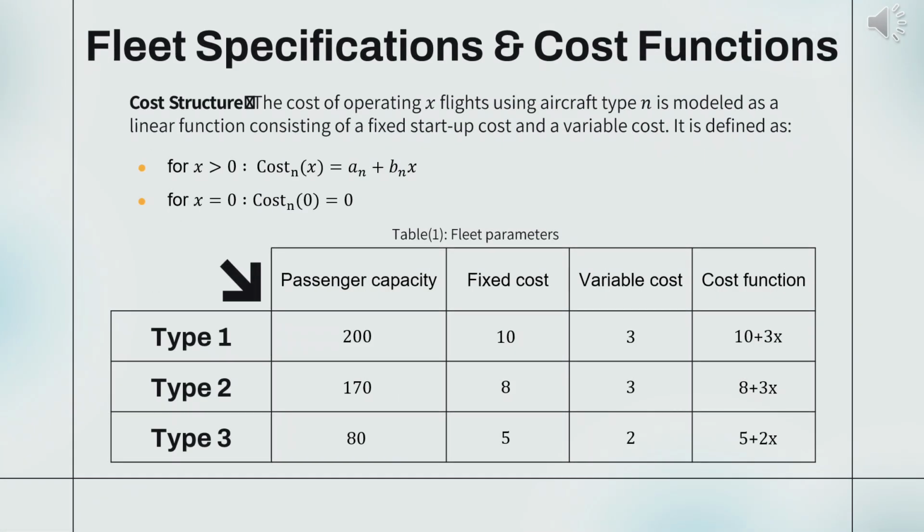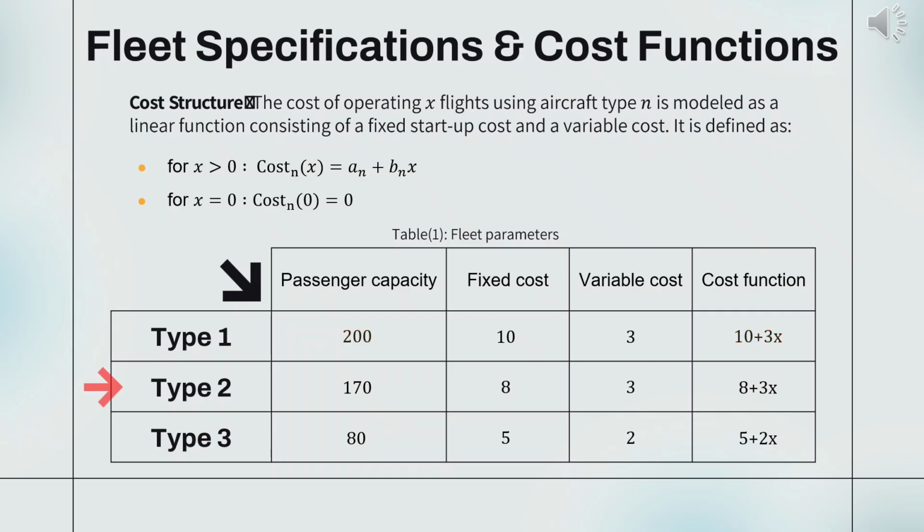On this slide, you can see the technical and economic specifications of the three available aircraft types. The cost structure for each aircraft includes a fixed or initial setup cost and a variable cost per unit. Obviously, if a particular aircraft type is not used, its cost will be zero. As shown in the table, the Type 1 aircraft with a capacity of 200 passengers has a cost function of 10 plus 3x.